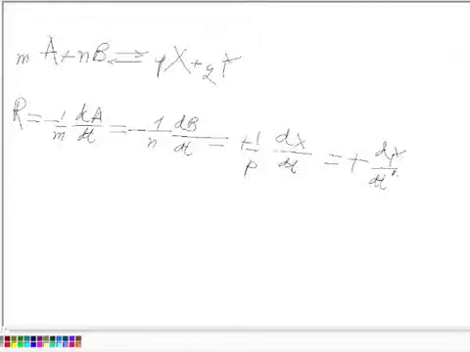The question now is, what is the unit of K?